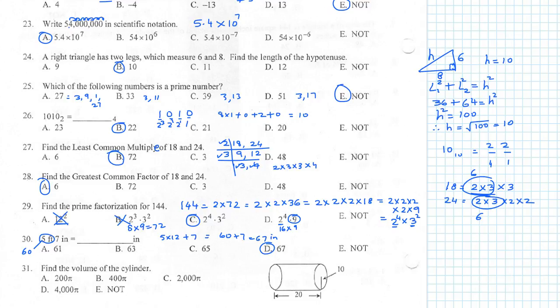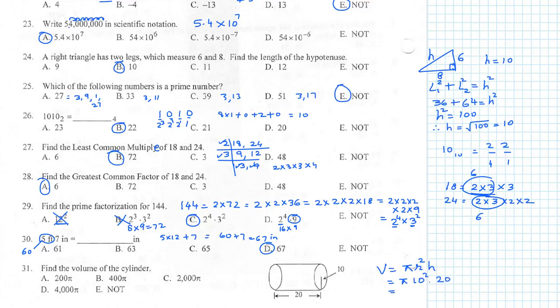Question 31. Find the volume of the cylinder. The volume of a cylinder is equal to pi times the square of the radius times the height. In this case, the radius is given to be 10 units, so we will write 10 squared, and the height is given to be 20.